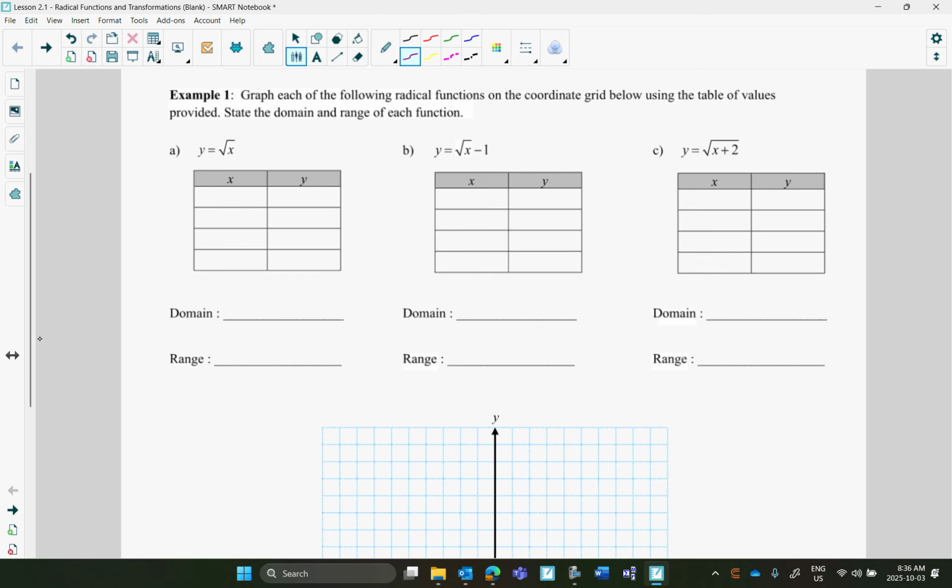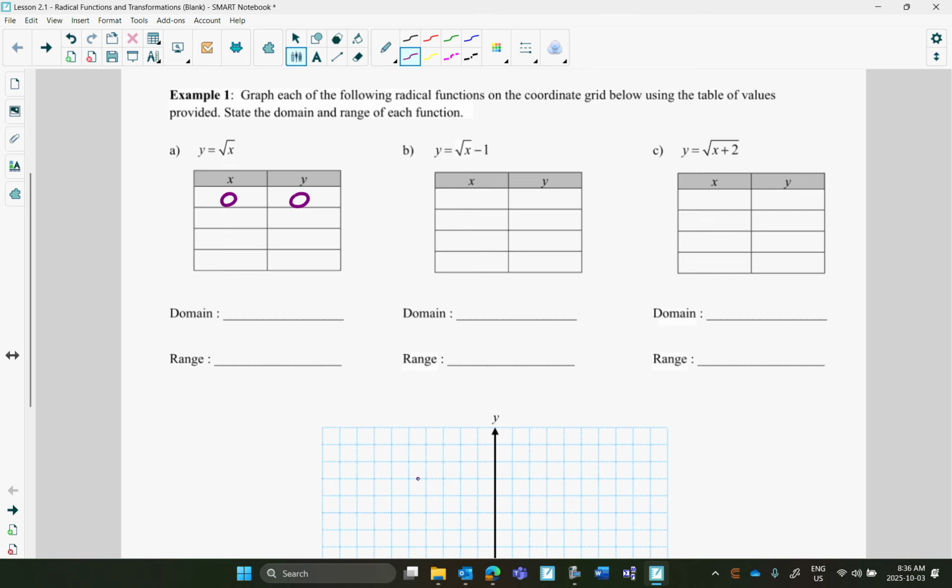What we want to do to start with is we'll use a table of values just to set up some points. And we're going to use 0 for x. So if I plug 0 in here, what's the value of y? 0. Okay. Then I'm going to plug in numbers that I can easily find the square root of. First of all, I can't put in any negative numbers because you can't take the square root of a negative number.